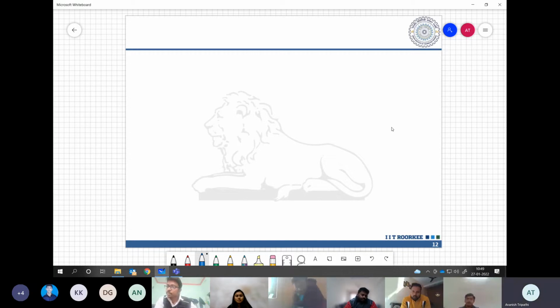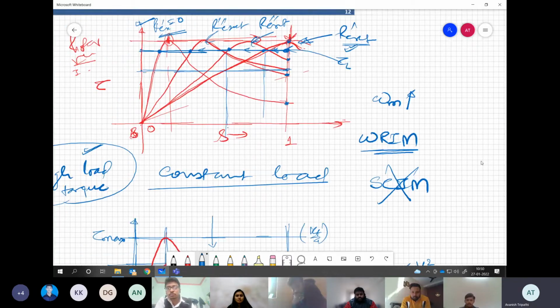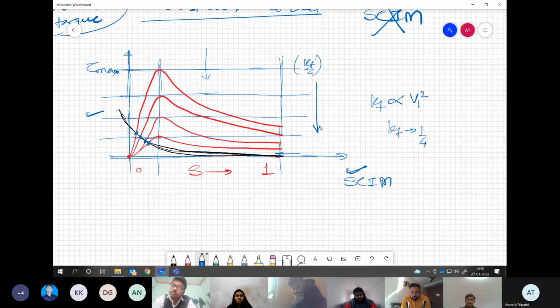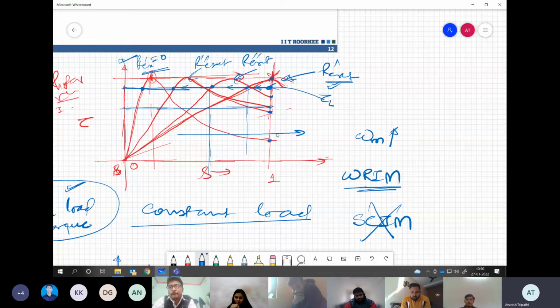Now, obviously, in all these methods, we have the same characteristic which is either shifted along the x-axis or shrunk along the y-axis. So we are compromising on many things. Certainly here our starting torque is increasing, but drawing so much power, so much current is obviously not good.